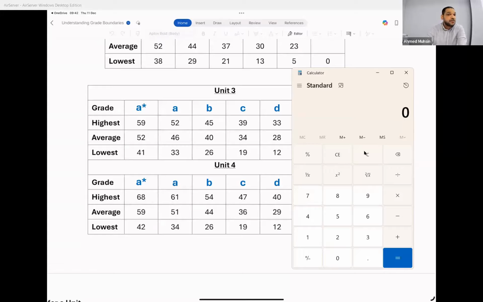You scored 43, not out of 100. I'm asking out of 75. 43 divided by 75 times 80 comes to 46. So 46 is a B. For Unit 3, you have scored a B.